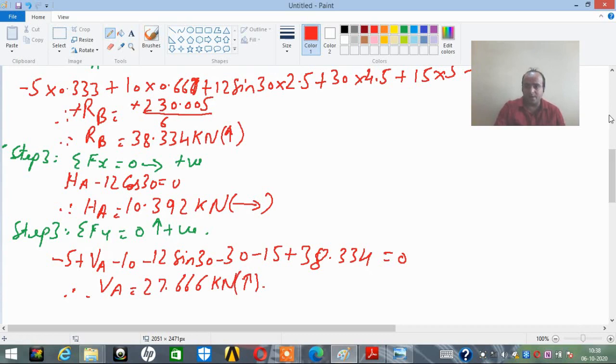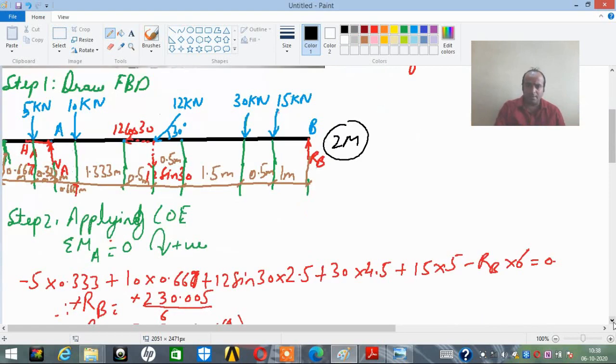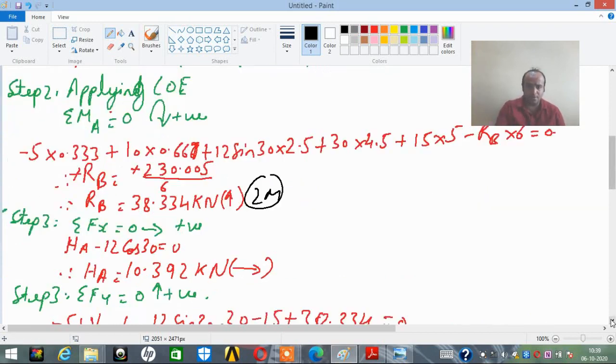Now friends, let us see how the marks are going to get distributed for this particular problem. Just let me write it properly one by one. This entire free body diagram will be giving you 2 marks for the FBD. Then one by one, every step, along with the equation, will be giving you 2 marks. Entire problem is for 8 marks.